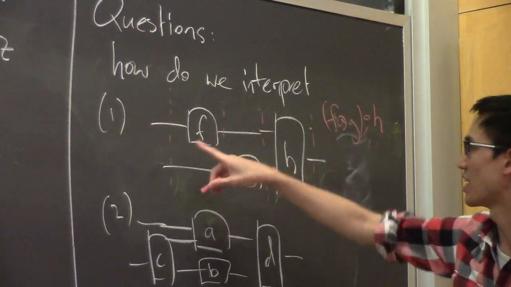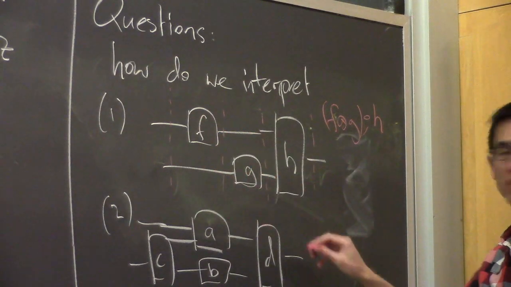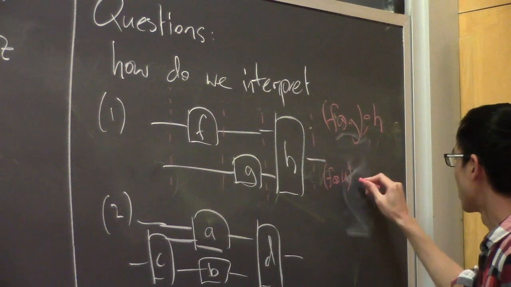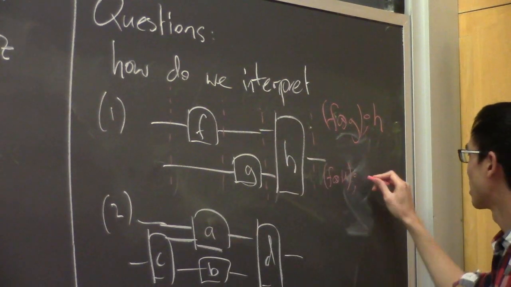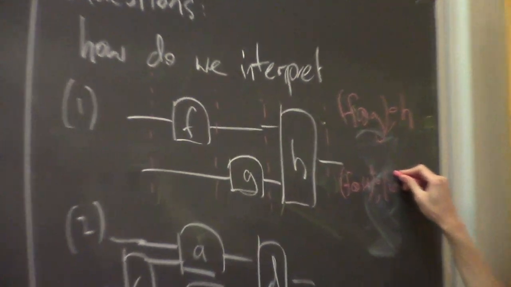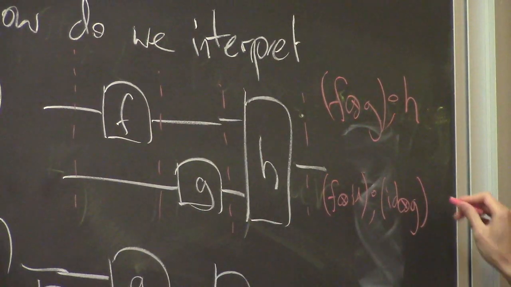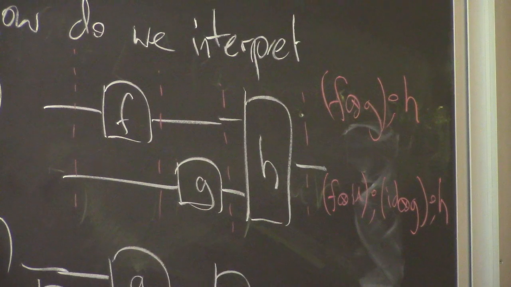In which case you would get what? So what's this? Right, this is F tensor the identity, then composed with identity tensor G, then composed with H.